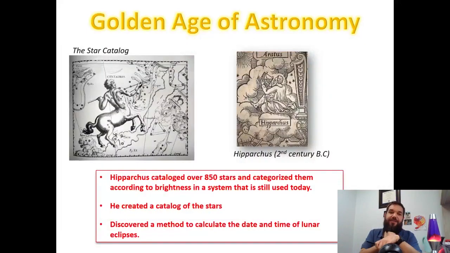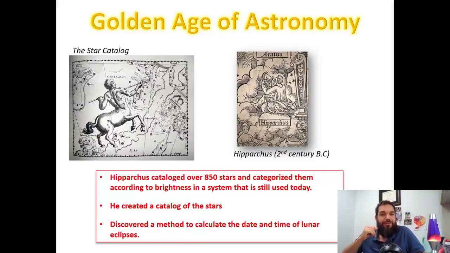The next guy is Hipparchus. Hipparchus, again, another ancient Greek natural scientist and philosopher, whose great contribution was a catalog of stars. So you might remember, we talked about this in lecture number 1, what is science based on? It's based on empiricism. It's based on observation. We call it the empirical sciences for a reason.